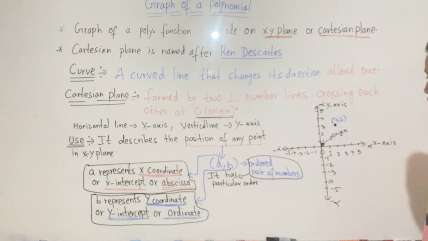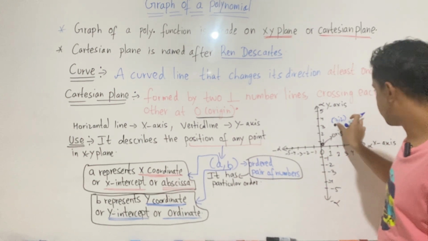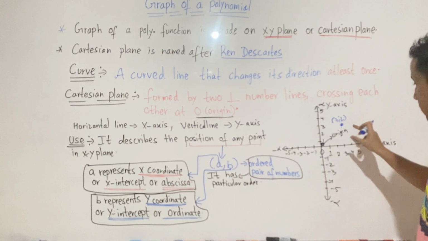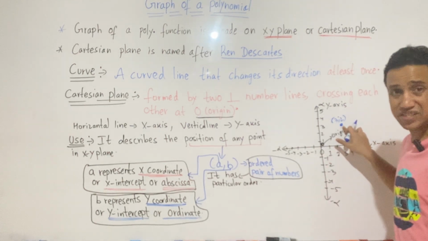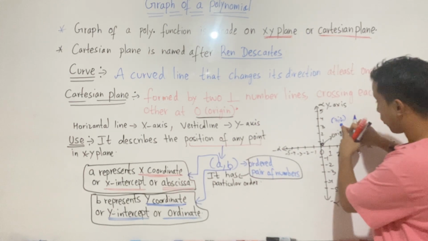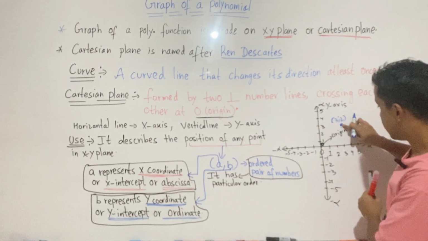What does this 3 represent? 3 represents the measure of distance of this point from the origin. This is going to be 3 units.